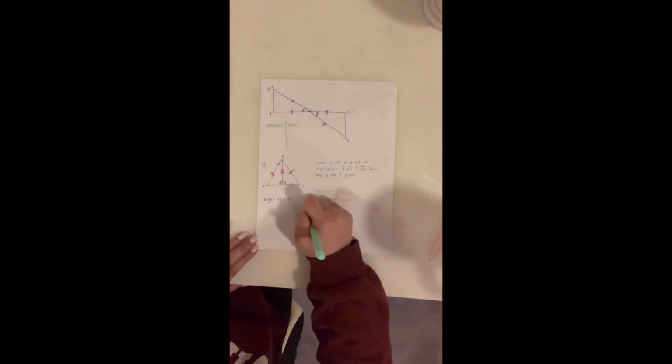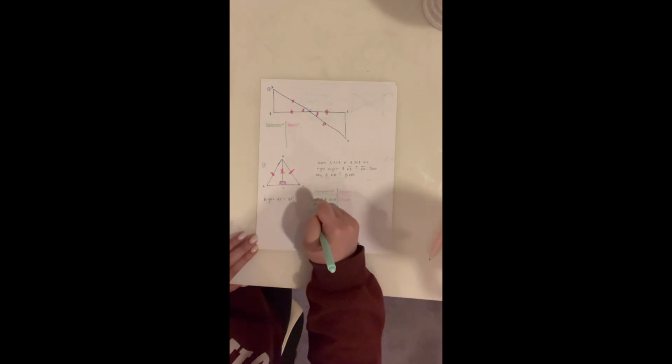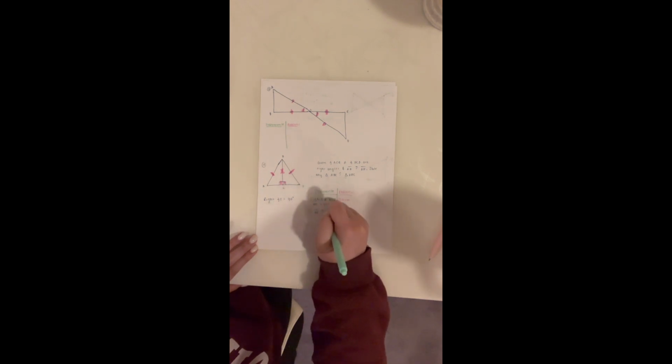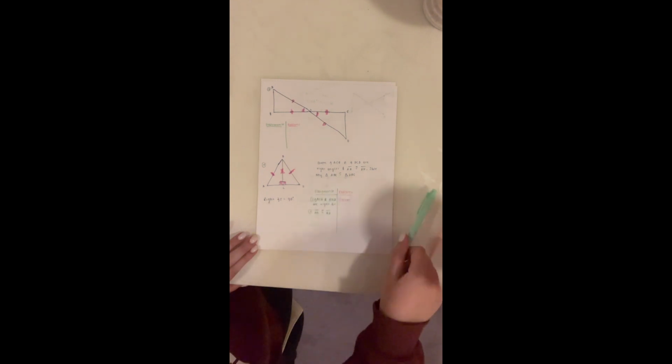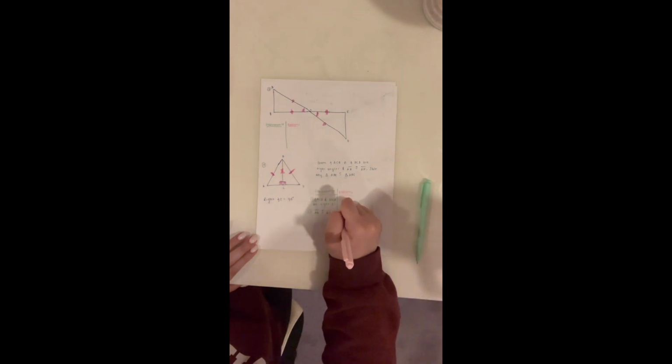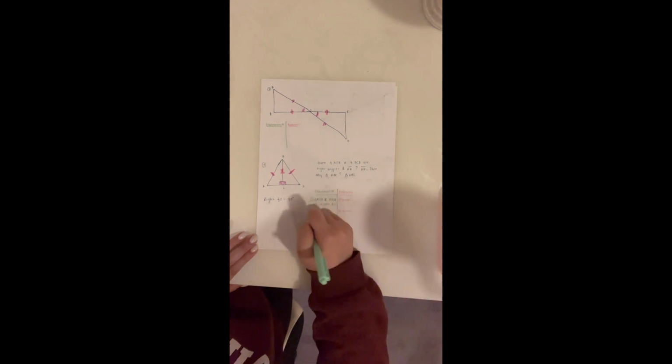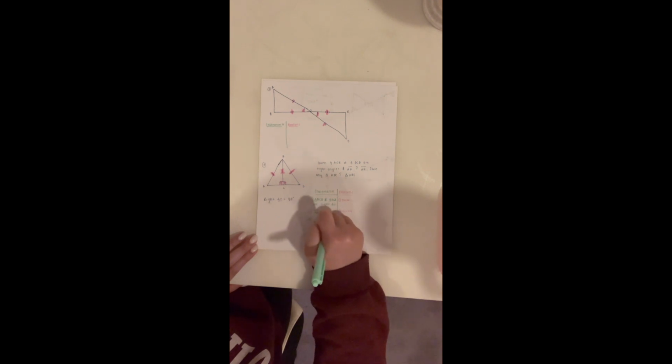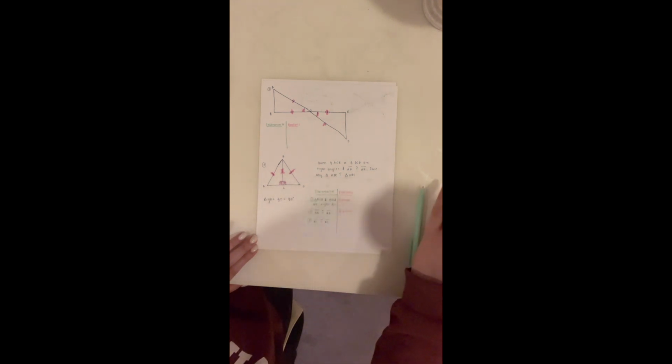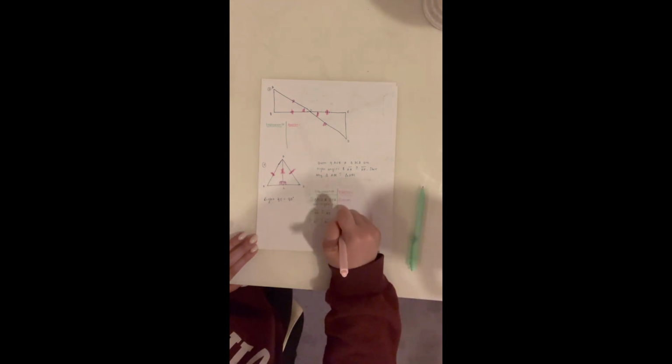And then line segment AB is congruent to line segment BD, again because that's given. And then BC is congruent to BC because of the reflexive property.